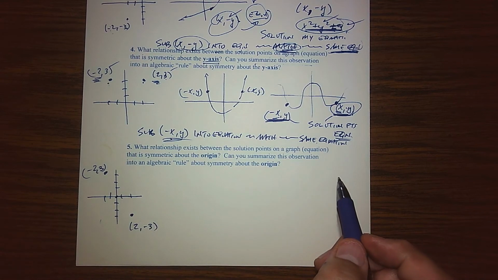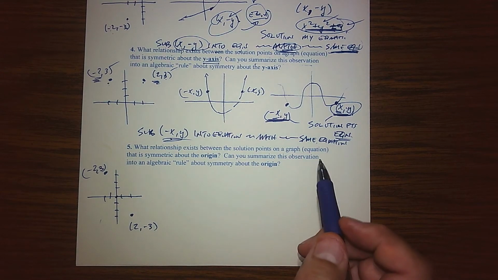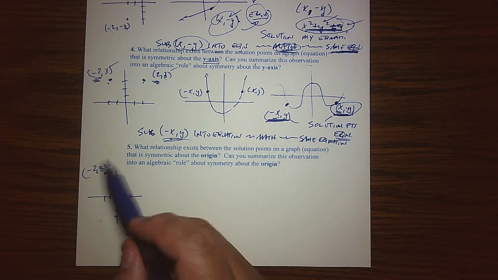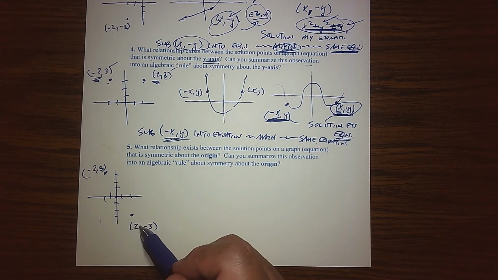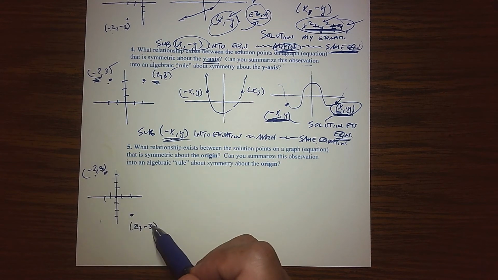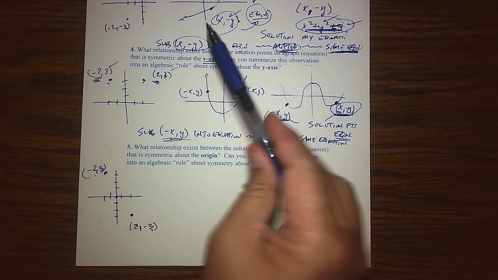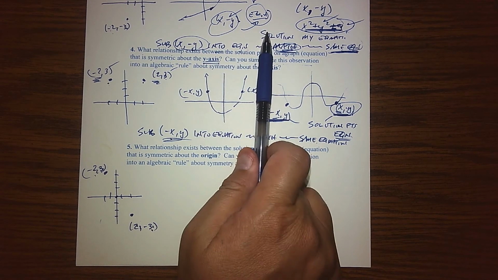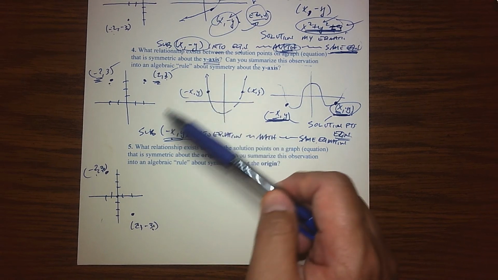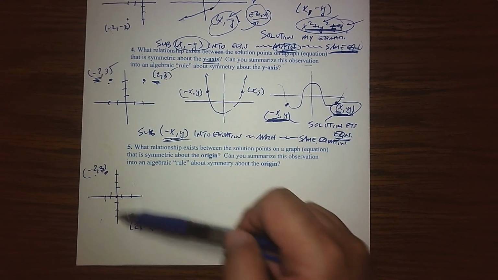In this one, everything changed. Notice that the x-coordinate became its opposite: we went from -2 to 2, and the y-coordinate became its opposite: we went from +3 to -3. So as opposed to the last two, where only the y or only the x was opposite, now they're both opposites.